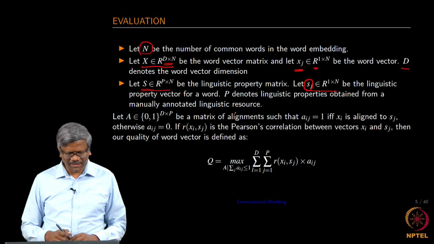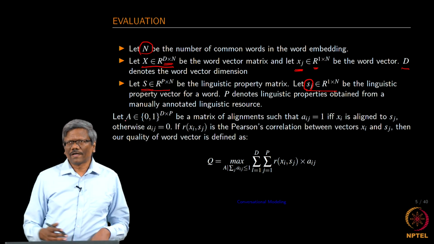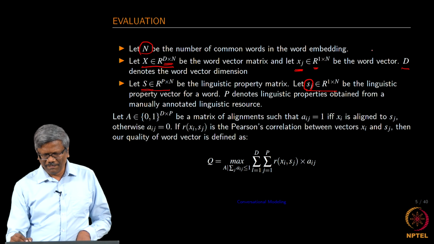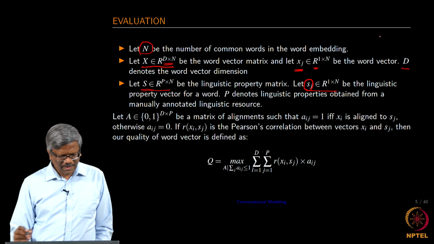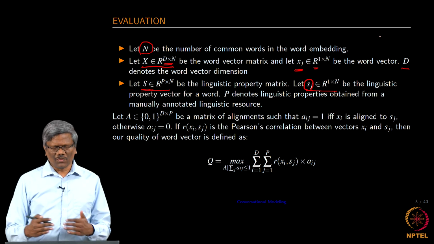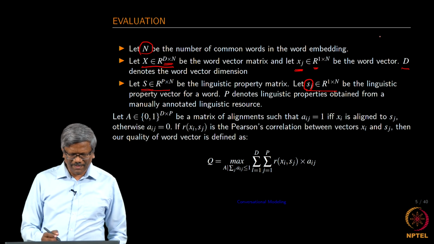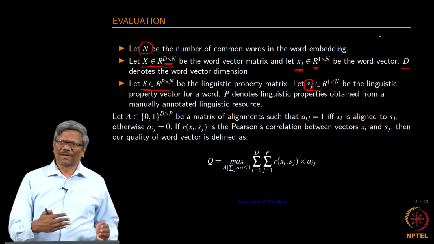So that should be the size of that. And then what next should we do? We have the word embeddings coming from the system, from CBOW or skipgram models, and then we have the linguistic scores obtained by the human annotators. So the idea now is to compare them.